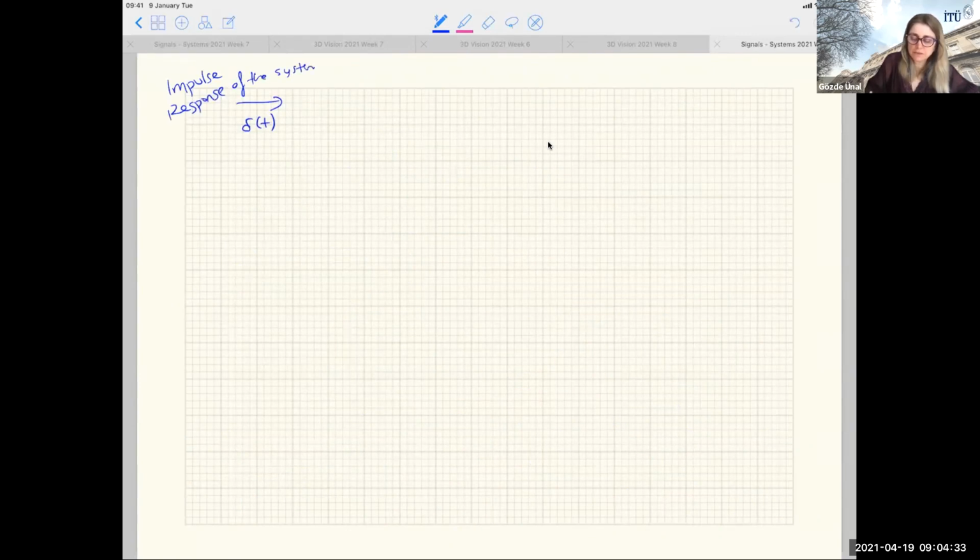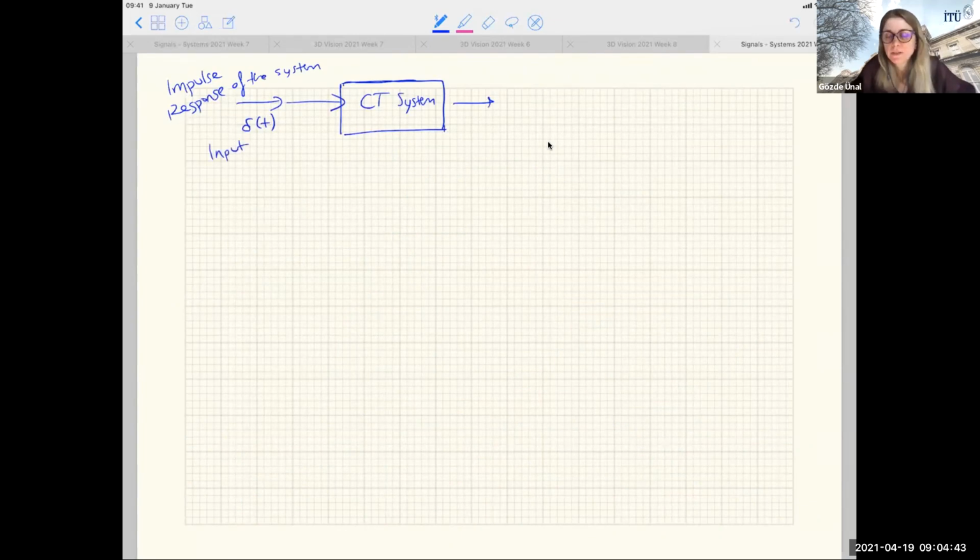What is the impulse response and what's its goal? Remember, its goal is to measure the system output, the system response, or how it behaves when it is perturbed with a very short duration signal. Delta is an on and off, right?